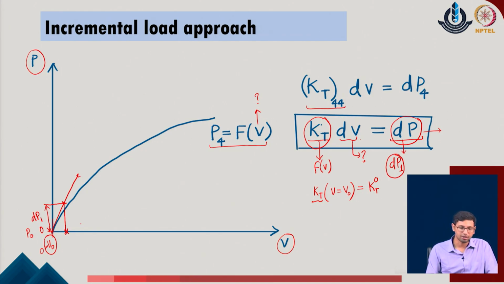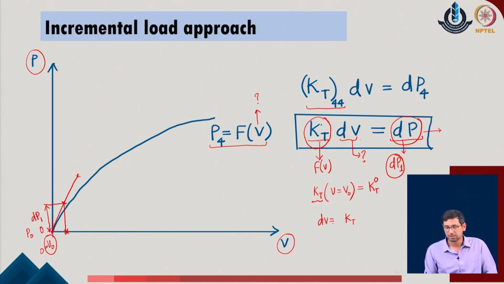As we obtain the displacement of this magnitude, we realize that this is the first point which we have obtained on the given system. What eventually will happen, we will be evaluating d of V as kT inverse, and kT is in fact at the point 0.